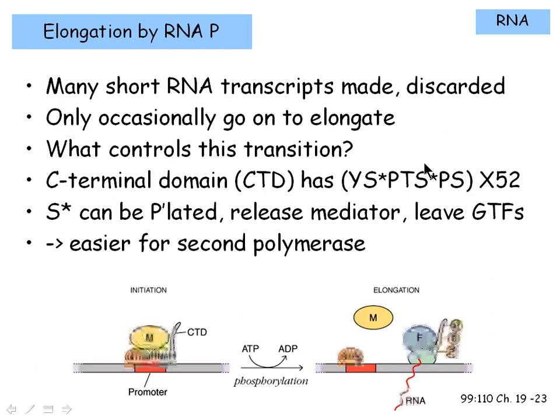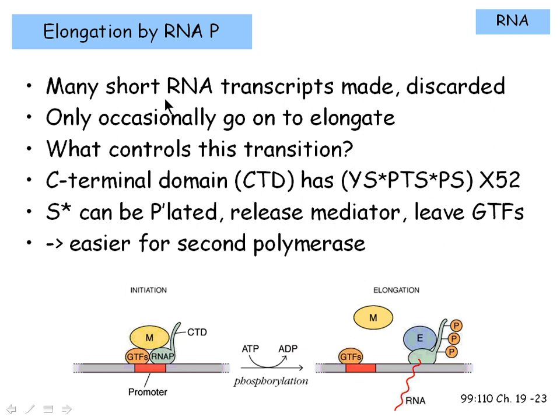So far, we've been mostly focusing on initiation and the actual mechanism of adding another base. But there's this long phase in between, elongation, that has to happen for there to be a long enough transcript to be worthwhile. And we mentioned that they're processive. But what's interesting is when we look at transcription in detail, we find that many short RNA transcripts are made and then discarded.